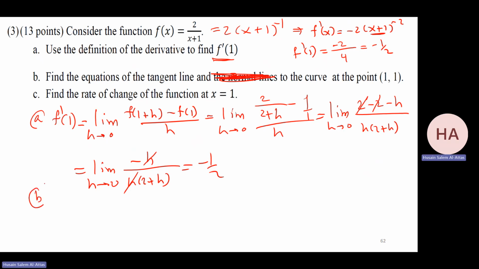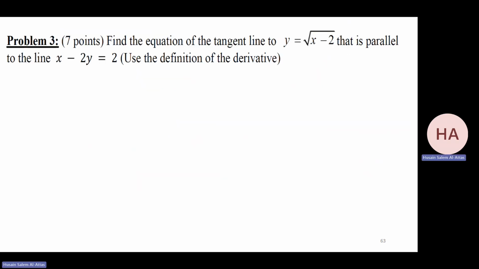Now, question B. Find the equation of the tangent line at this point. So I have the equation: y minus f at 1 equals f prime at 1 times (x minus 1). I know f at 1 is given. F at 1 is 1. Actually, you can check it from here quickly. No problem.